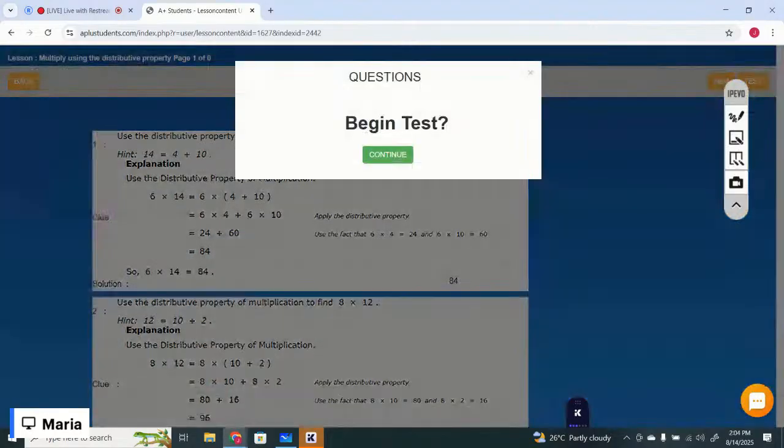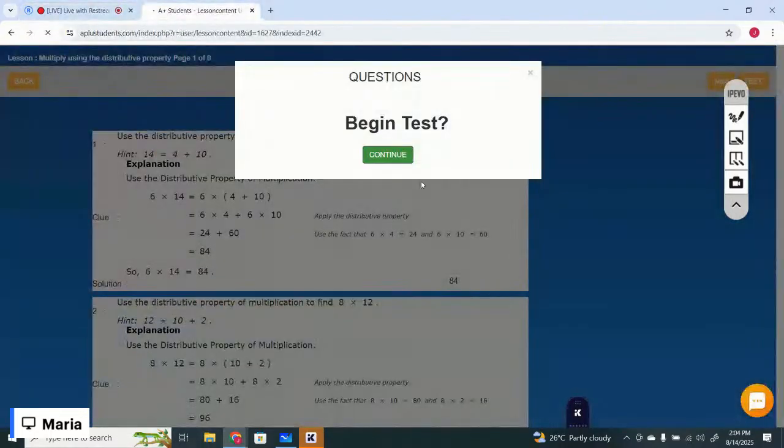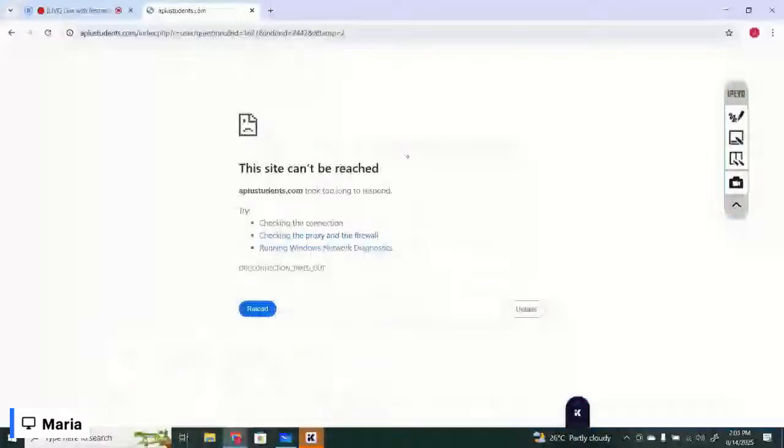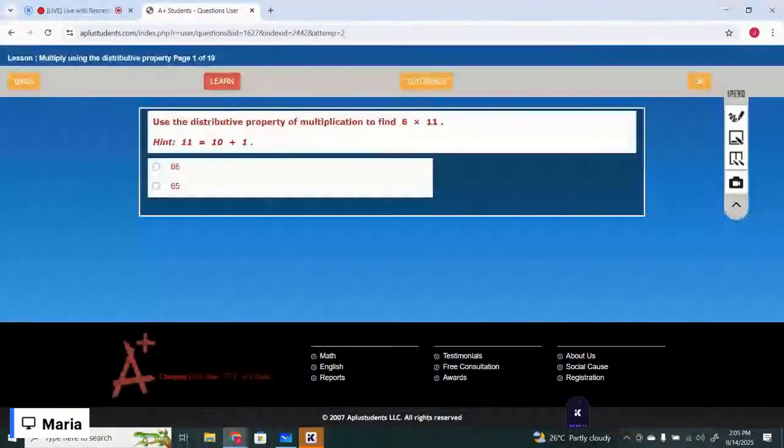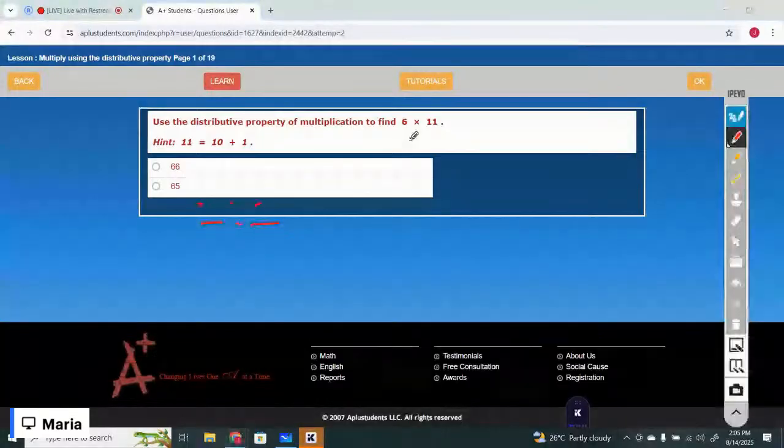Let's start with the test questions. Use the distributive property of multiplication to find 6 times 11.